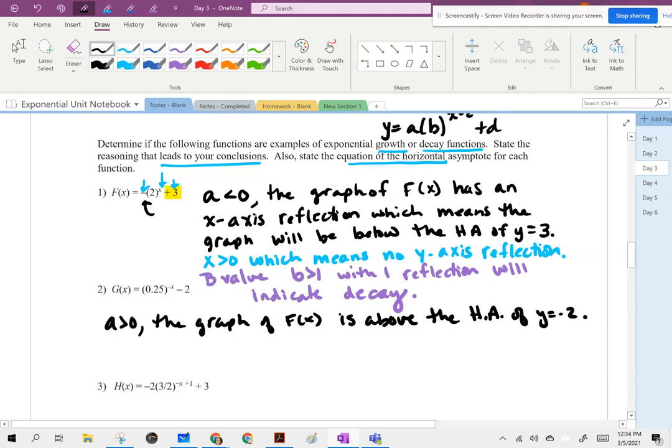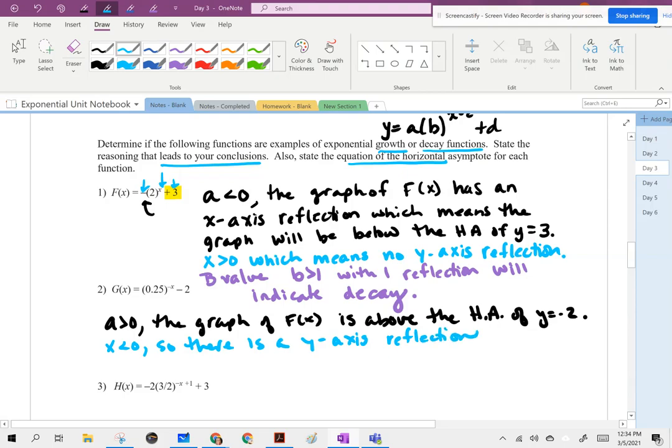There's no x-axis reflection. Now the x is less than 0, so there is a y-axis reflection.